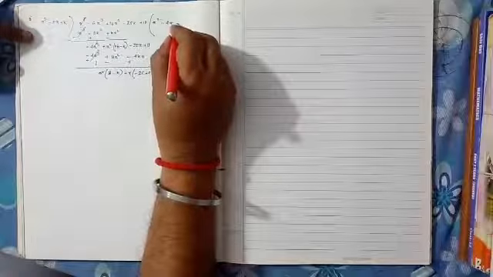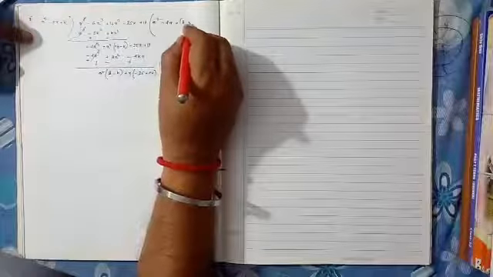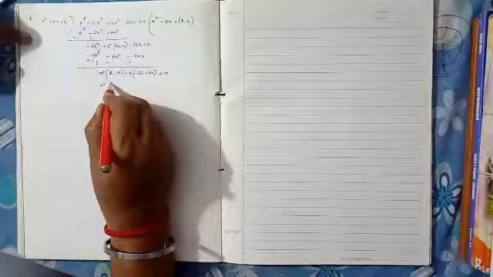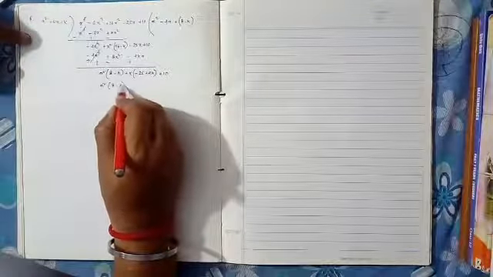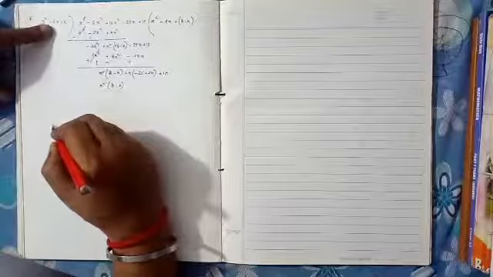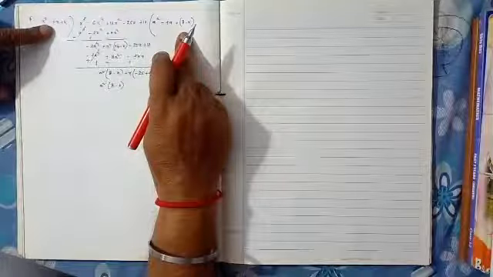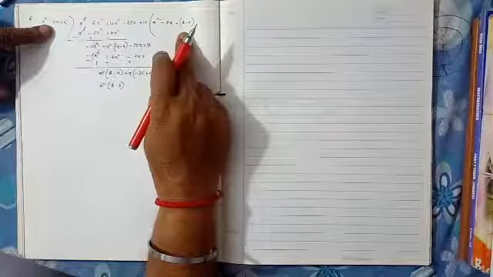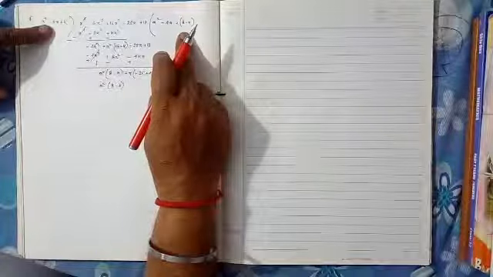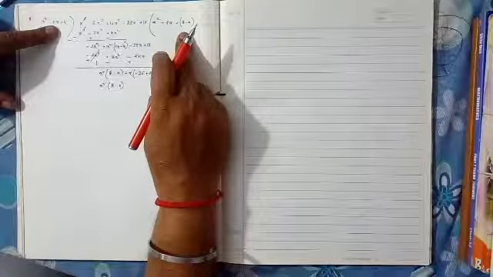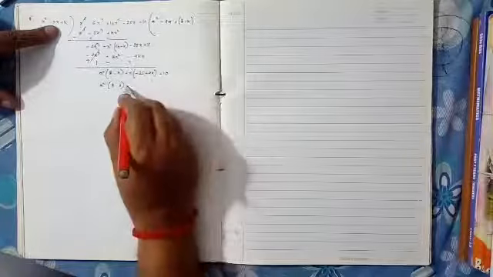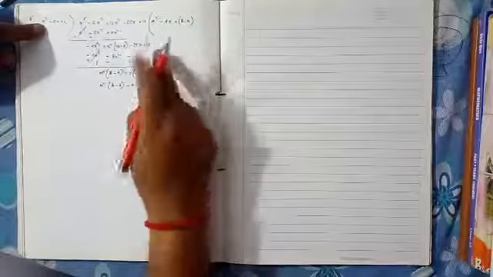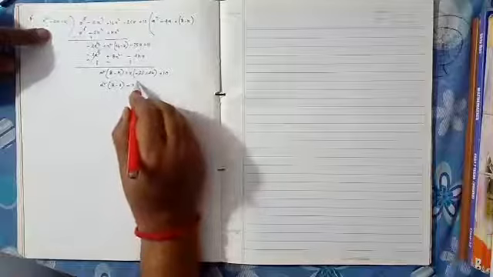So we have to apply 8 minus k. So what we get? x square 8 minus k. Then minus 2 into 8 minus k, times x.